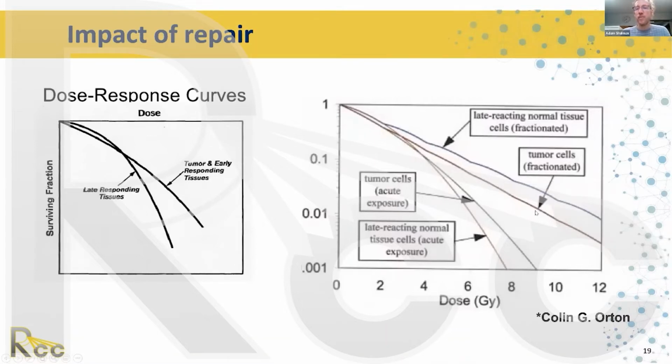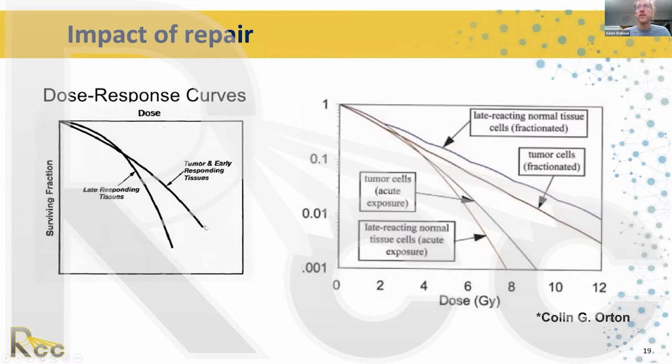That's the main component. And so this graph, I oversimplified things with just calling it single strand and double strand breaks. A lot of this has to do with repair, so the ability of the cell to repair. And so these late responding tissues are less able to repair themselves as doses are being delivered. These tumor and early responding tissues have a greater chance of repair.